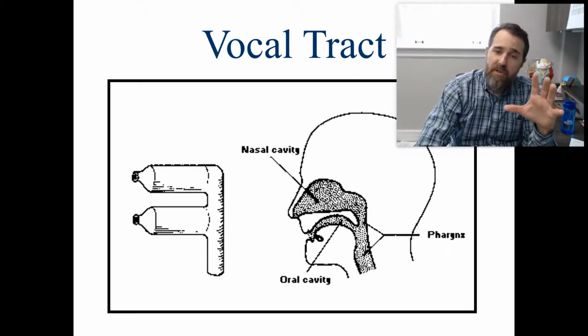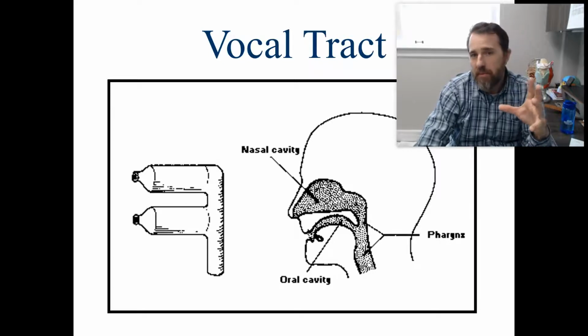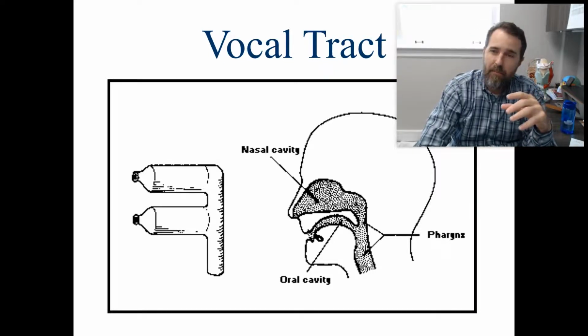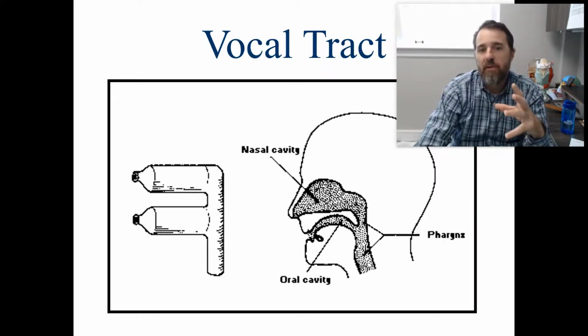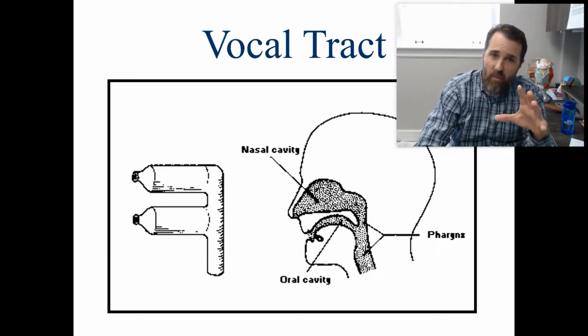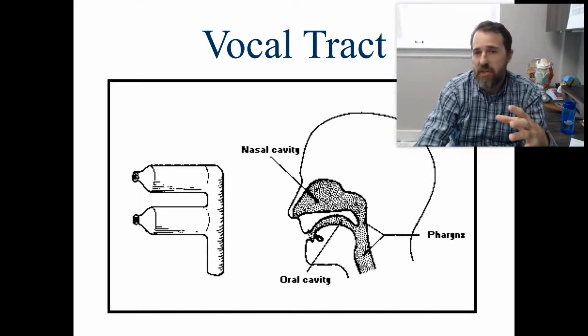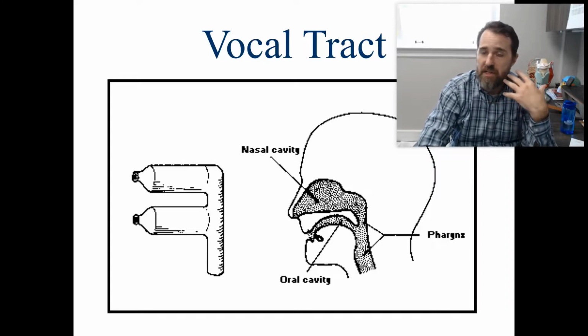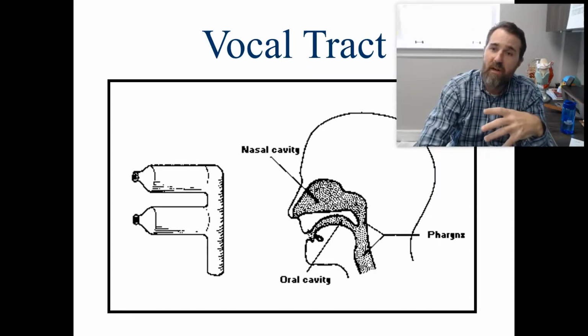So we produce our phonemes, we produce articulation by changing the configuration of our vocal tract. In particular, we produce vowels by changing the position of our tongue. And when we change the position of our tongue, that changes the resonance of the oral cavity.